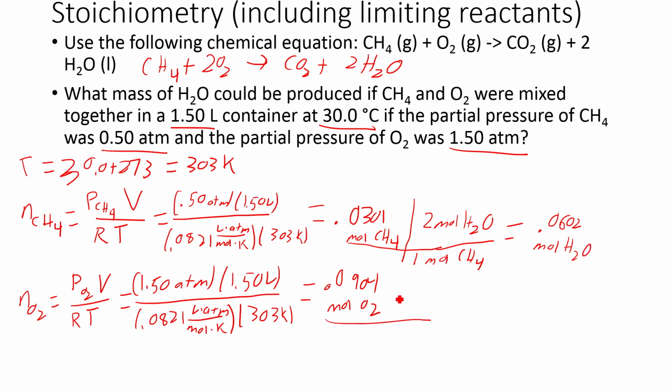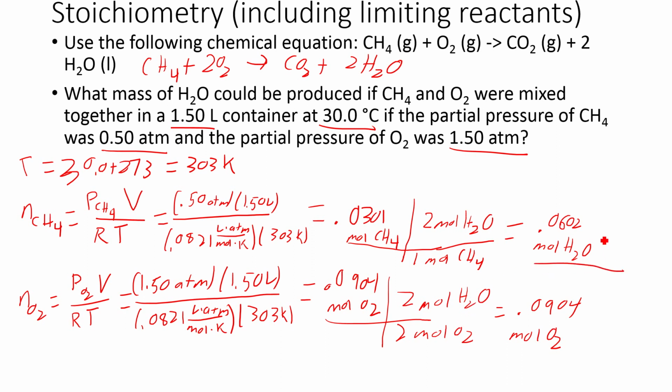For our 0.0904 moles of oxygen, we know for every 2 moles of oxygen, we can make 2 moles of water, so we can make 0.0904 moles of water. As you notice, our methane is our limiting reagent, so we're going to make 0.0602 moles of water.